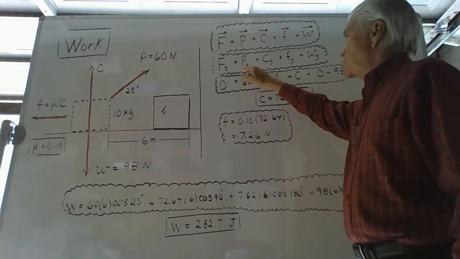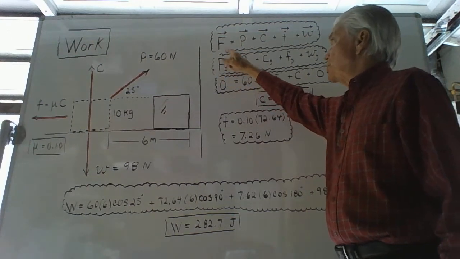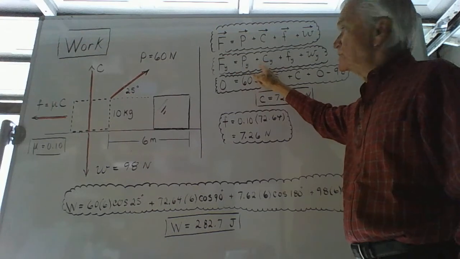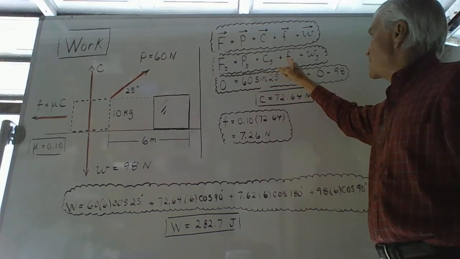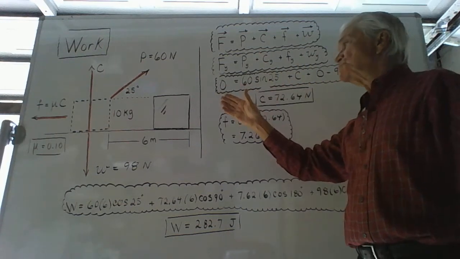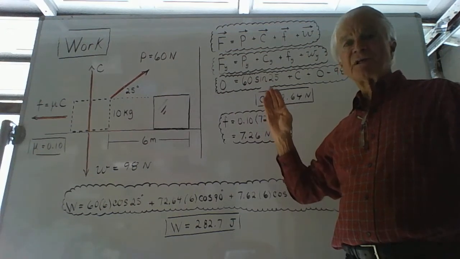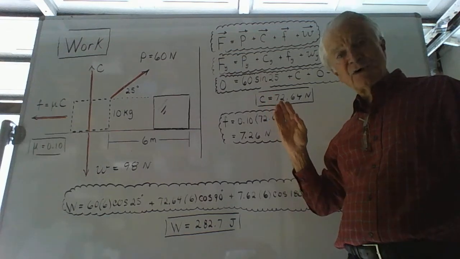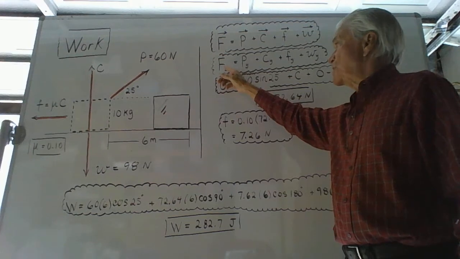Now, I point out to you that the y component of the total force F is a sum of the separate y components, P sub y plus C sub y plus F sub y plus W sub y. Now, our block is moving only along the x-axis. It's not accelerating vertically in the y direction, positive y or negative y. Therefore, the y component of the net force on our object is 0.